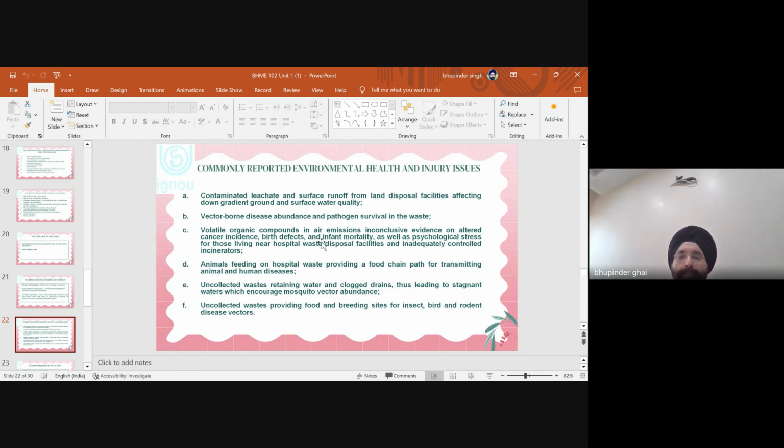That means the persons who are staying near the incinerator, or even the people who are staying away from the incinerator, are exposed to volatile organic compounds and other pollutants because of improper burning of biomedical waste in the incinerator. Then animals feeding on hospital waste provide a food chain path for transmitting animal to human disease.